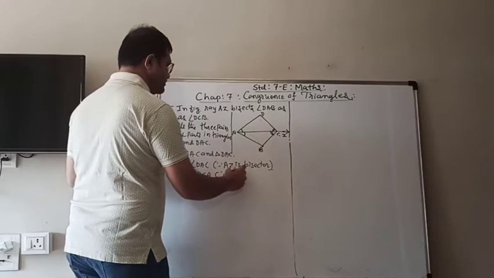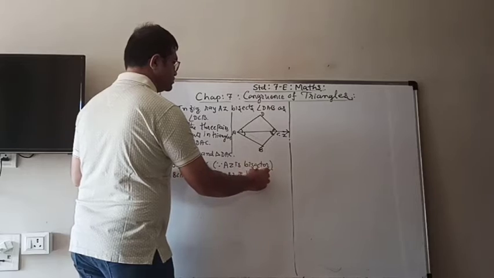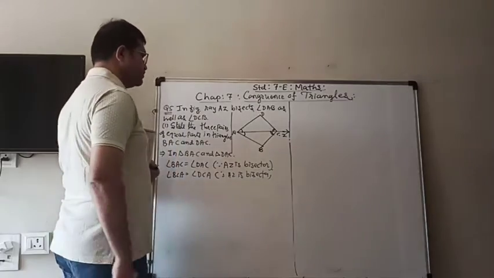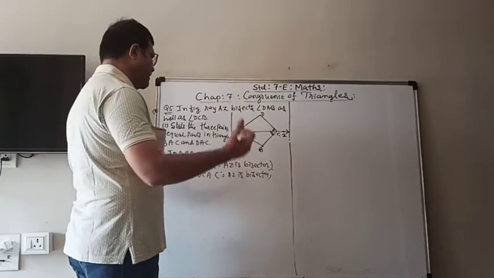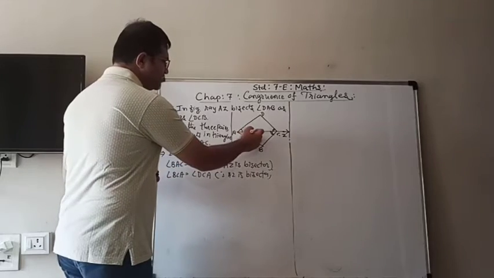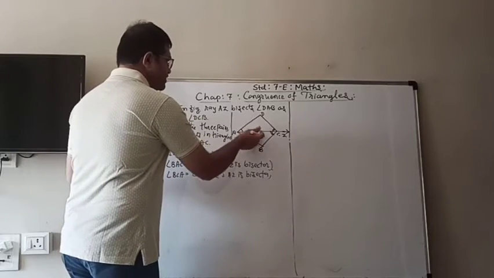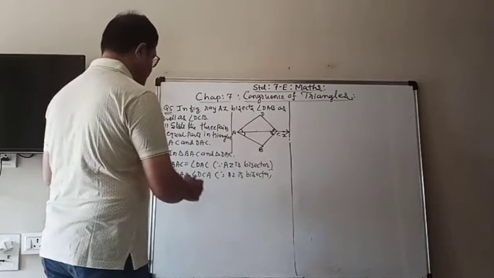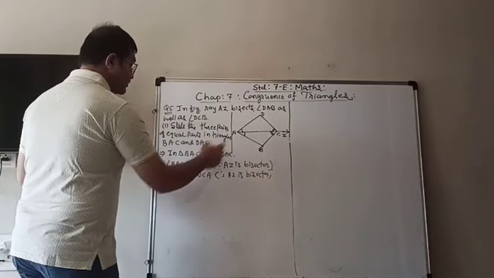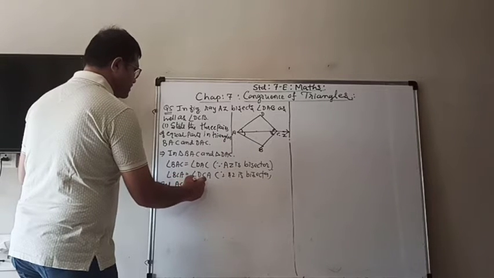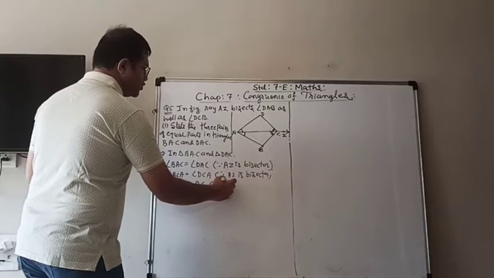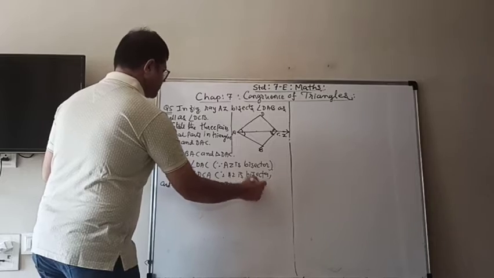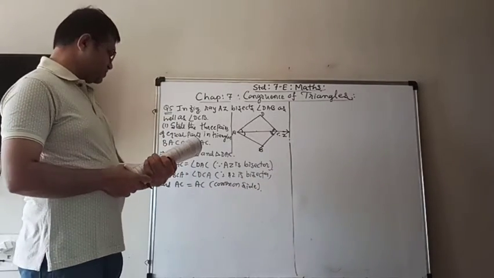Also here AZ is the bisector. And now the third, we need a side to apply the ASA rule. We can see that this side AC is common and it is also the included side between those two angles. And we can write AC is equal to AC, common side.